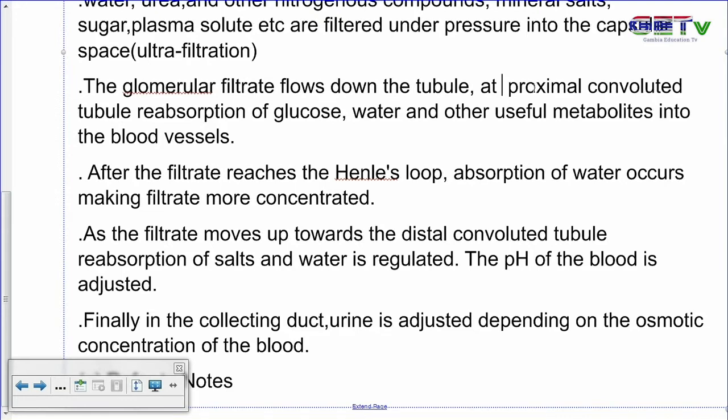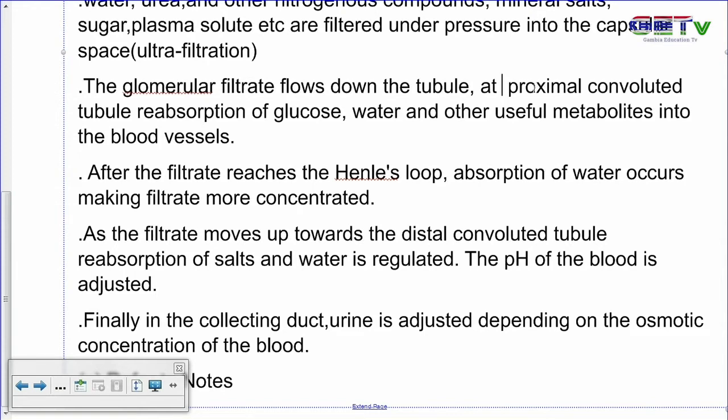And then finally, the collecting duct collects the urine, and the urine is adjusted depending on the osmotic concentration of the blood. So basically, these are some of the steps that take place in urine formation.